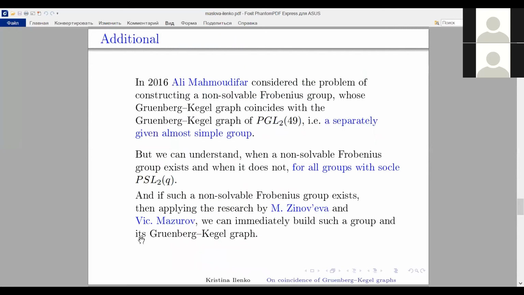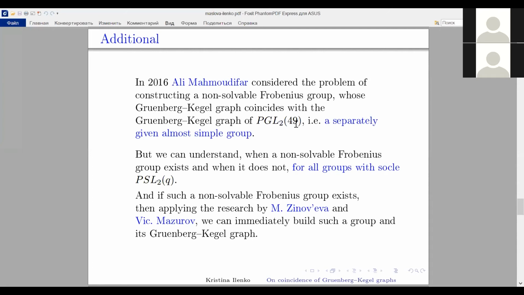In 2016, Ali Mahmoudifar considered the problem of constructing a non-solvable Frobenius group whose Gruenberg-Kegel graph coincides with the Gruenberg-Kegel graph of PGL2(49), a separately given almost simple group. His research confirms that the problem of coincidence is interesting.